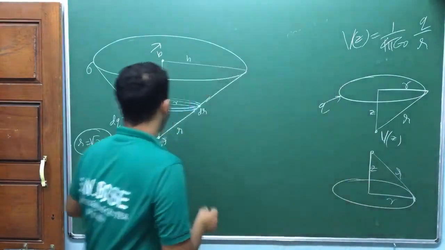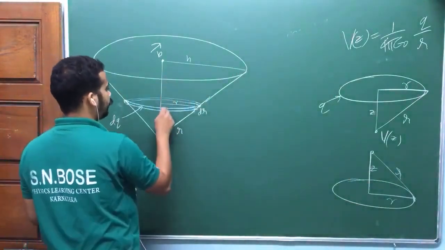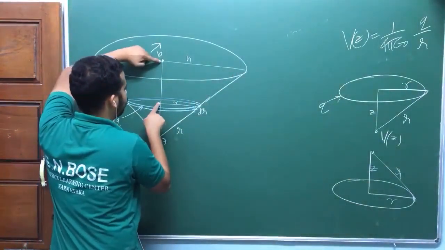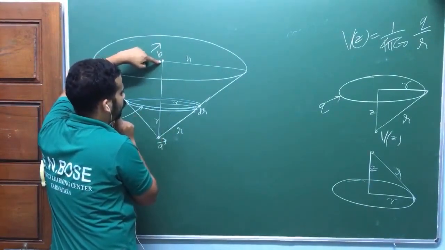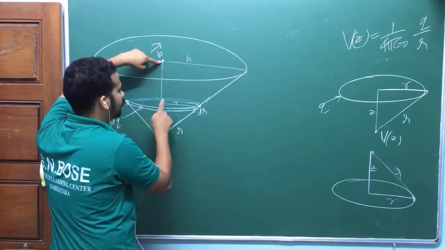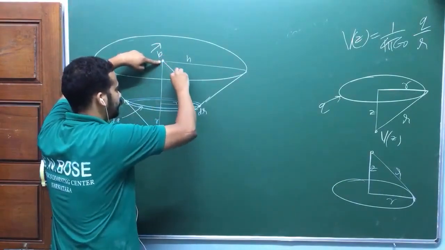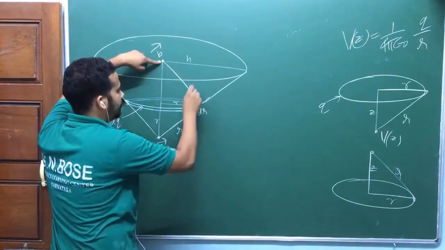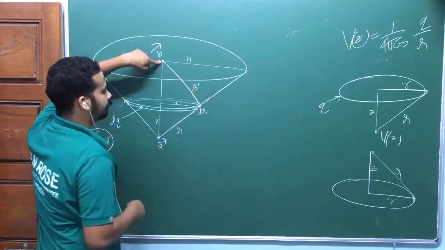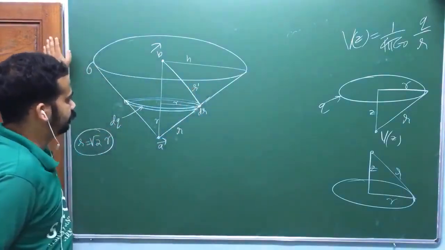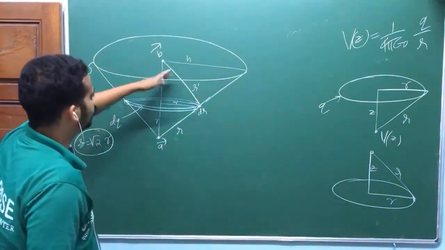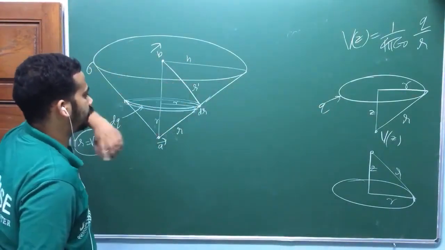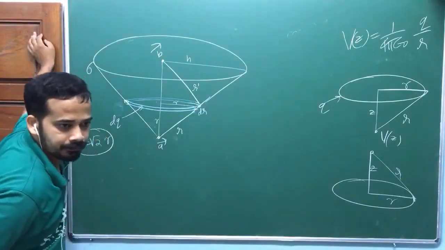What is this one? That doesn't matter. I need this distance, which I will write as italic R prime. That depends on italic R, not on this distance. Later I will convert this R prime somehow.